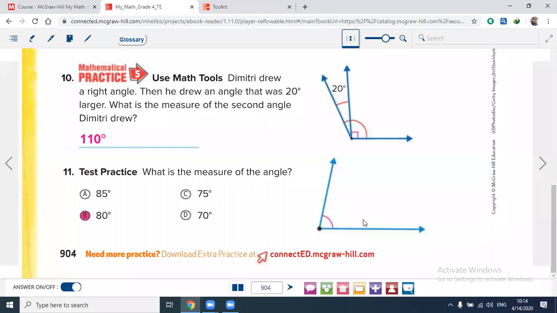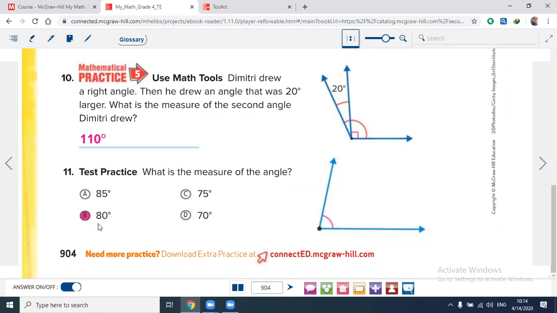When you see this one in the SBS, use your protractor from your book to measure this angle, then choose the answer. Here I have this angle. You can measure it by using the protractor. It would be 80 degrees.